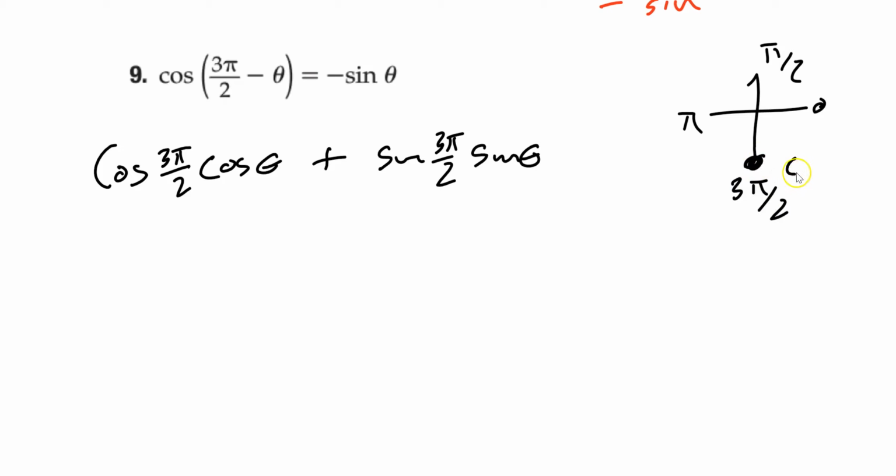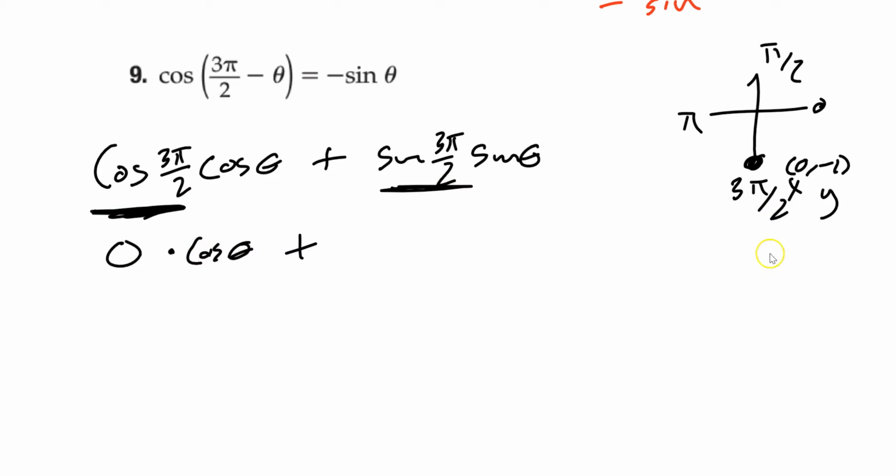We're going down, so it's 0 and negative 1, the y. Or you can do the table. Again, I don't care. Cosine is x, sine's y. So cosine 3 pi over 2 is just the x value, that's 0. Sine 3 pi over 2 is the y value. This goes away, I get negative sine theta.